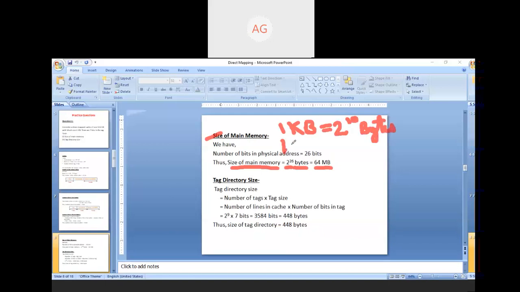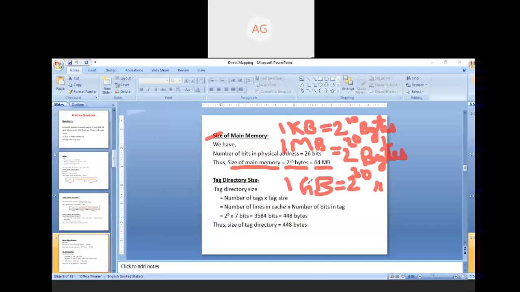And 1 MB is equal to 2 to the power 20 bytes. Also, 1 GB is equal to 2 to the power 30 bytes.